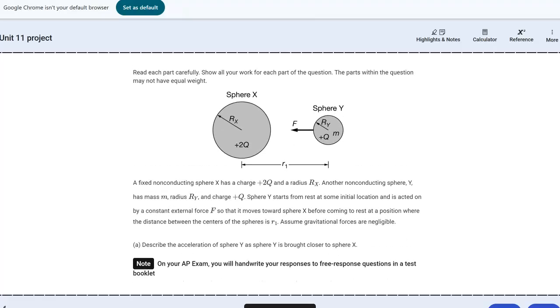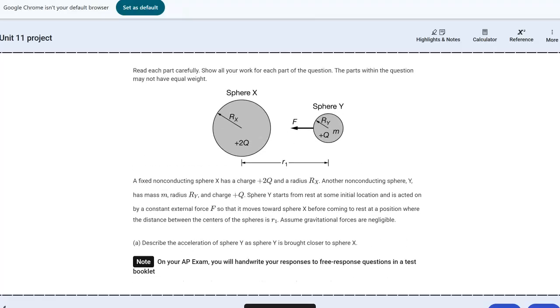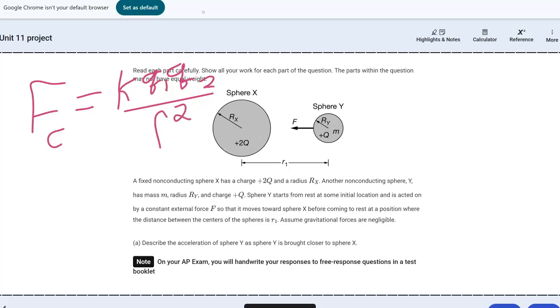So this is a really involved FRQ, a lot of physics facts we have to know and a lot of relevant equations. So first we need to know Coulomb's law. Force is KQ1 Q2 over R squared, and that's going to mean that force is proportional to 1 over r squared.